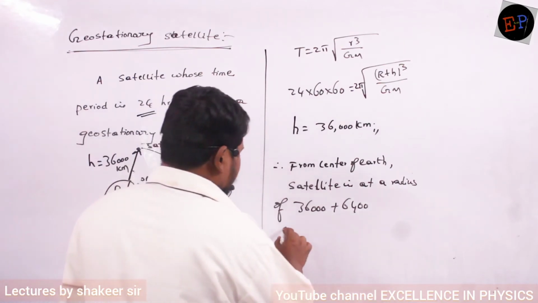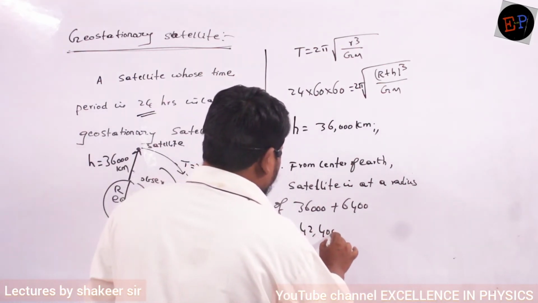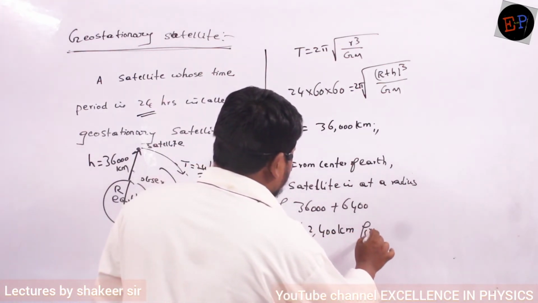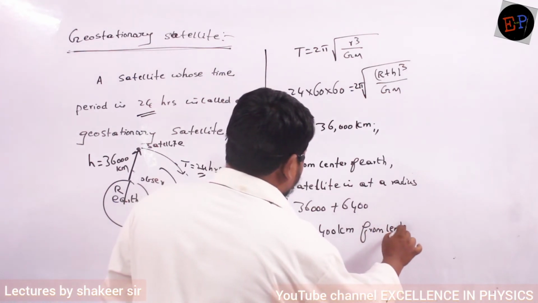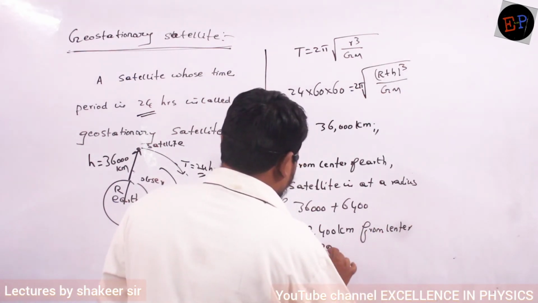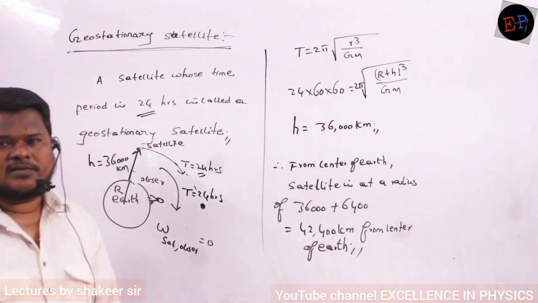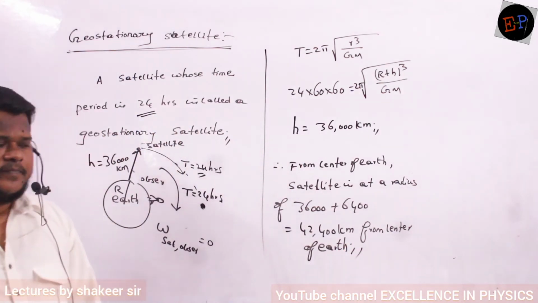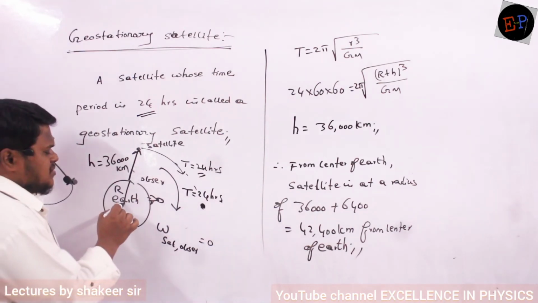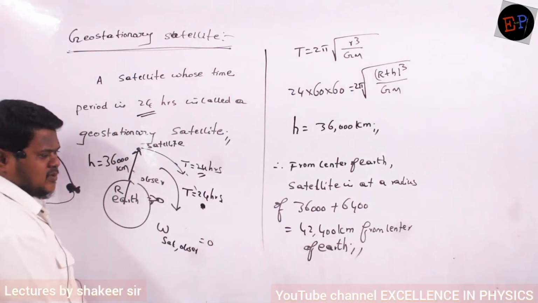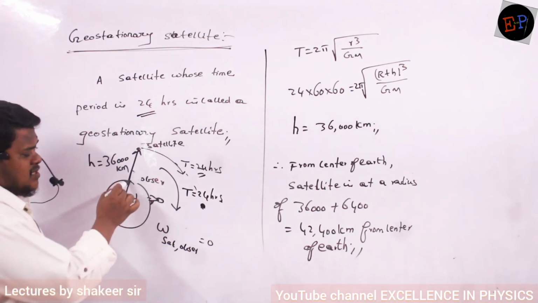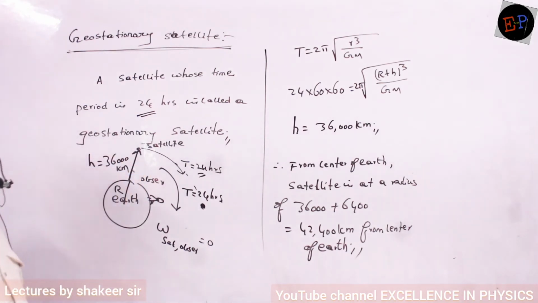So total 42,400 kilometers from the center of Earth. So this satellite is called a geostationary satellite. The height from the center is 42,400 kilometers, and from the surface 36,000 kilometers.